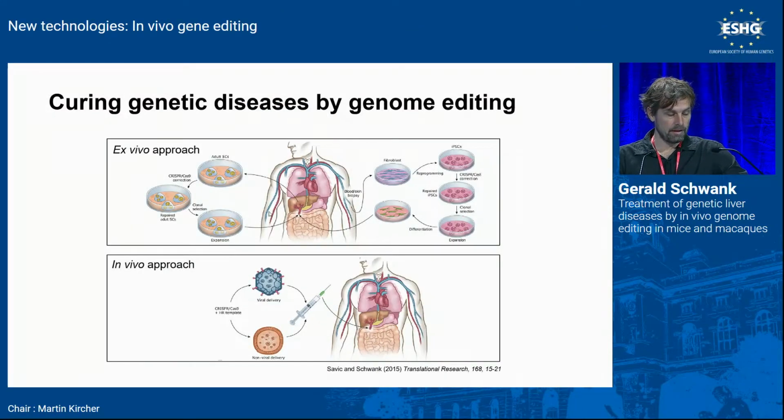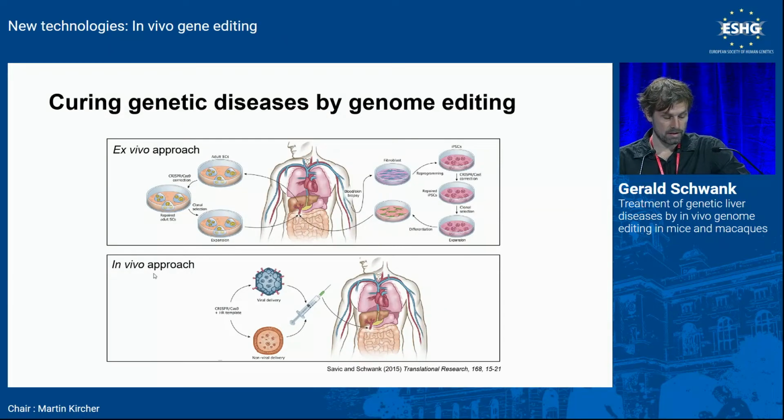If we think about treating genetic diseases with genome editing, there are two fundamentally different approaches. The one is the ex vivo approach, where the idea is to take cells of the patient to then correct the disease-causing mutations ex vivo, either in primary stem cell cultures or in iPS cultures, and then to retransplant the corrected cells to the patient.